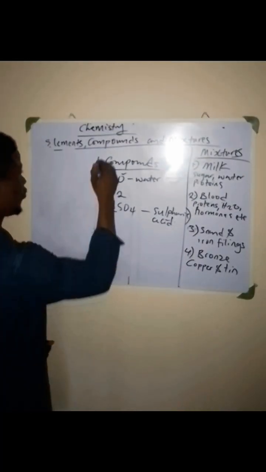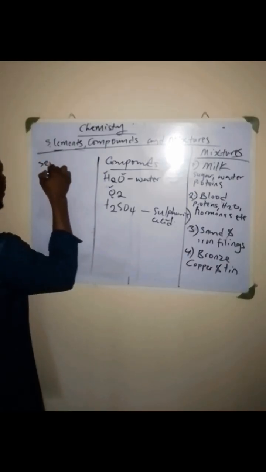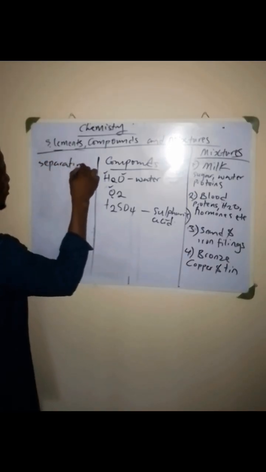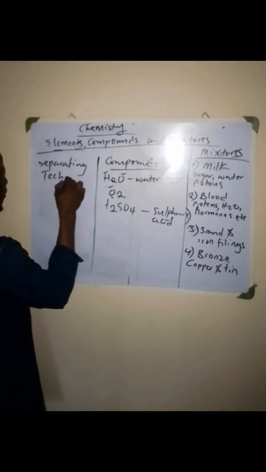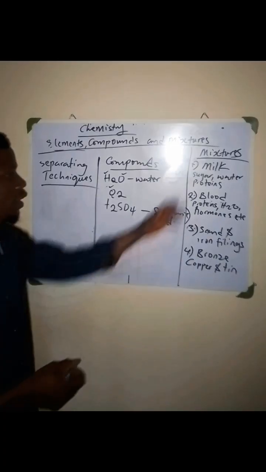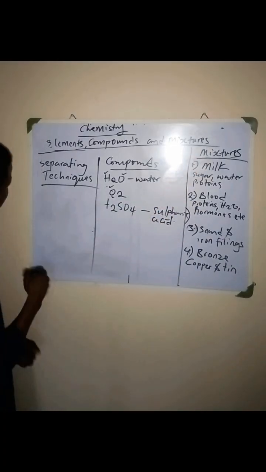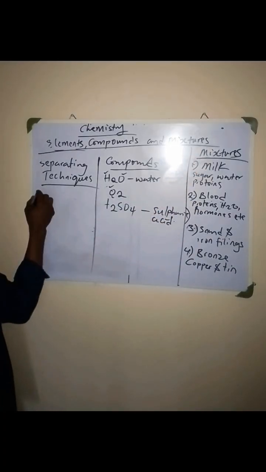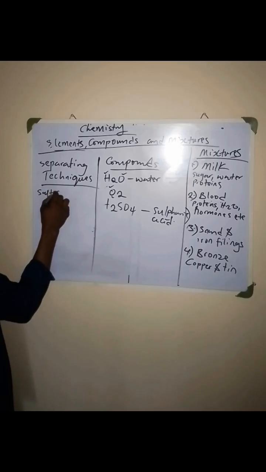We call them the separating techniques in chemistry. We can use them to separate mixtures. For example, a mixture of salt and water.